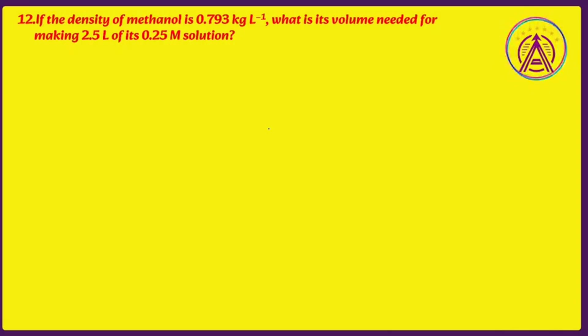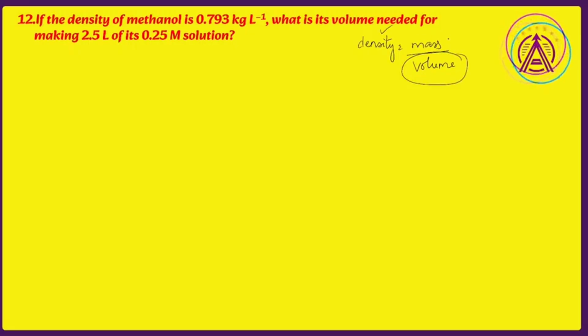Now, what are you supposed to see? Total is 2.5 liters, total water and methanol mixed. What should be the volume of methanol that you're taking? Okay, how can you find out the volume? We know that density is mass by volume, correct? Now, this is the volume that I need to find out because density is given.